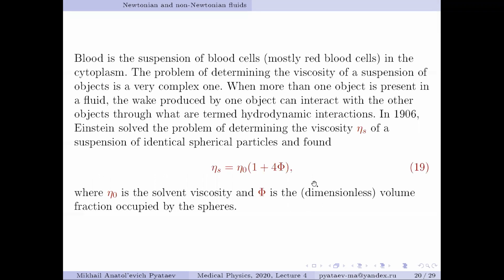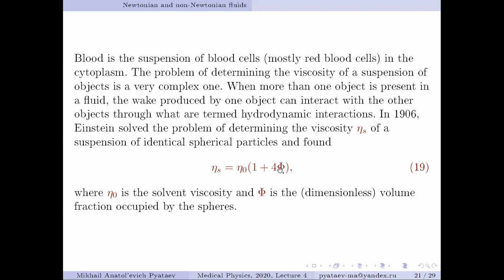And here is some theory for a suspension of solid cells. It says that viscosity should increase with the factor of volume occupied by spheres, by formula 19.